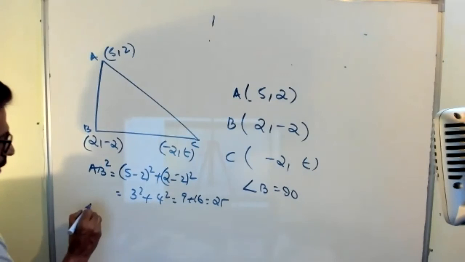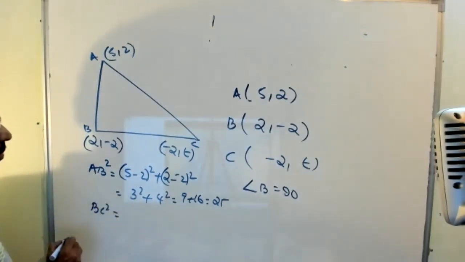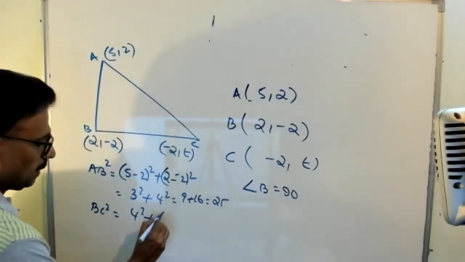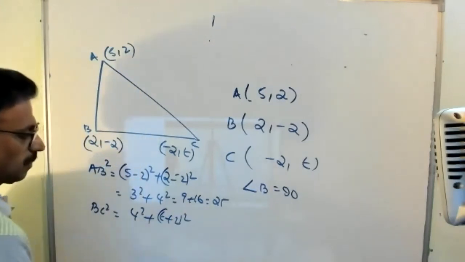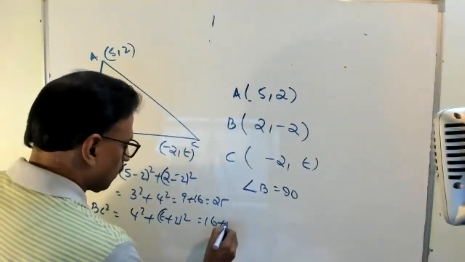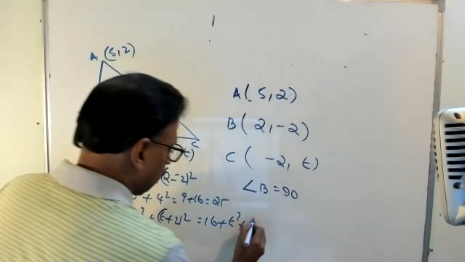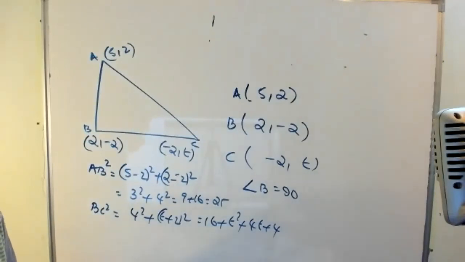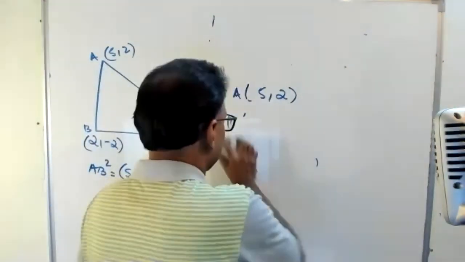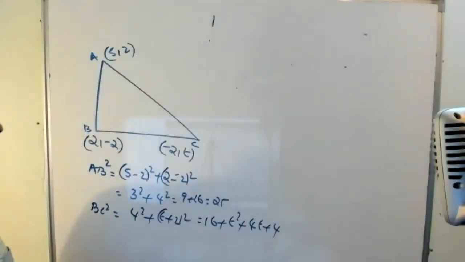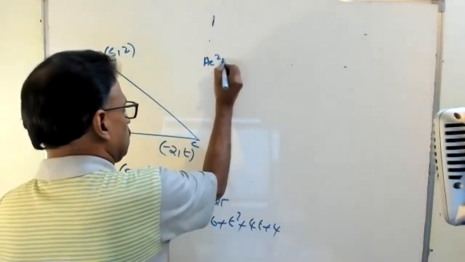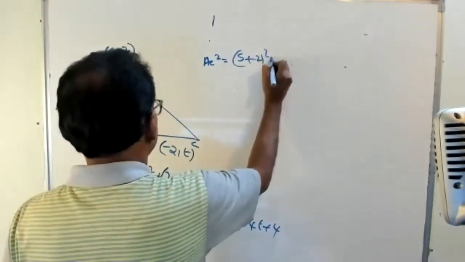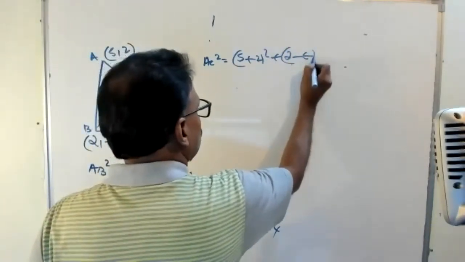Then BC square equals (2 minus (-2)) square, 4 square, plus (t plus 2) whole square. That is 16 plus t square plus 4t plus 4. Now AC square is (5 plus 2) whole square plus (2 minus t) whole square.